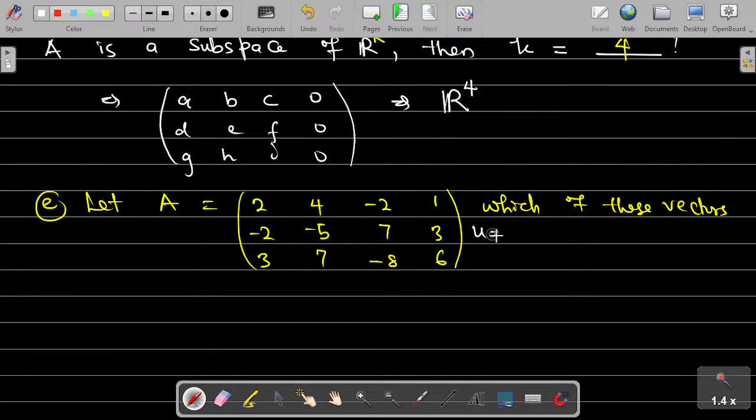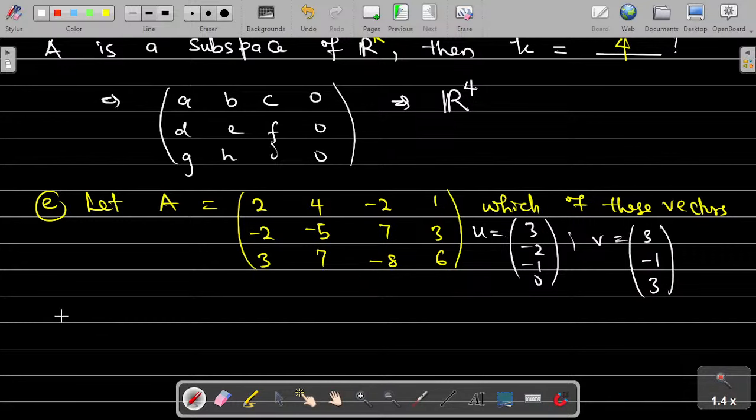So they said u equal to 3, minus 2, minus 1, 0, and then v equal to 3, then we have minus 1 and we have 3.